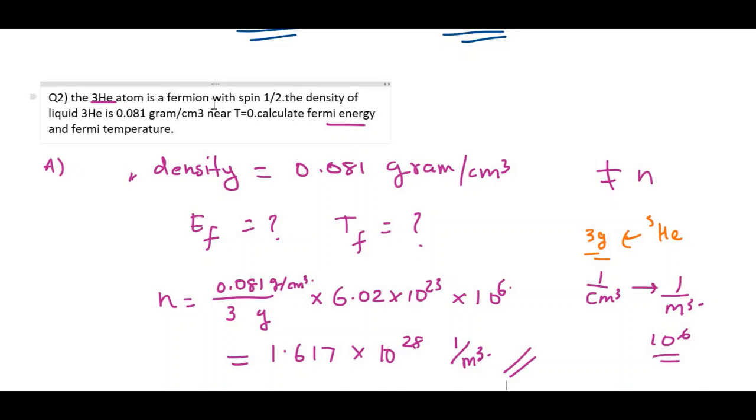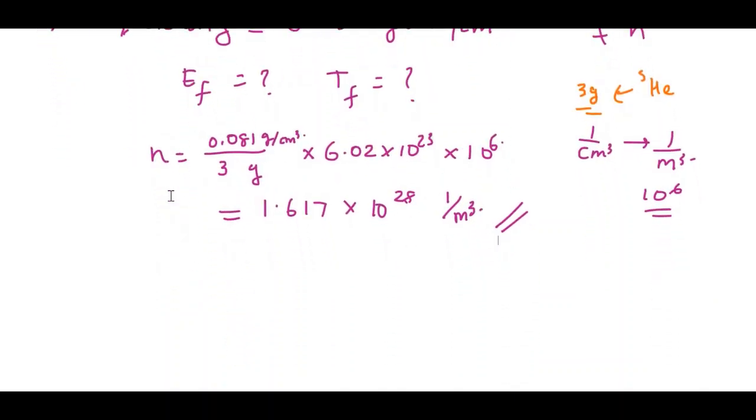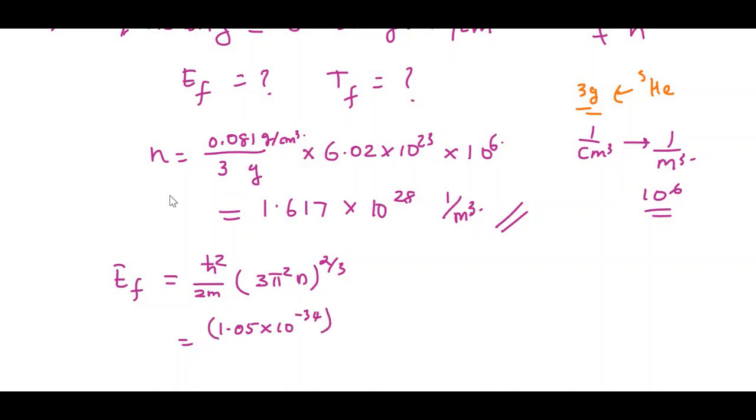Now it is very easy to find Fermi energy. Just put this value of n into the equation of Fermi energy. Equation of Fermi energy is EF equal to h bar square by 2m, 3 pi square n, all raised to 2 by 3. It becomes h bar is 1.05 into 10 power minus 34, this square, by 2m.